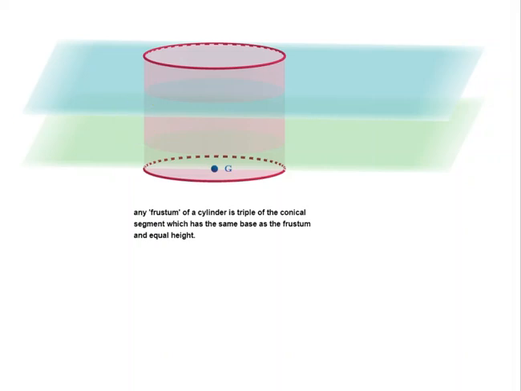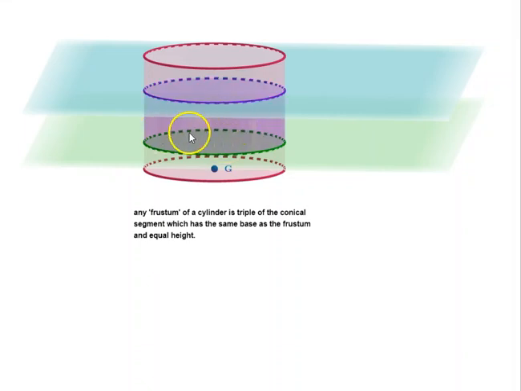Now they will form a circle of intersection, and in the process it will form a cylinder, and this cylinder is called the frustum of the cylinder. So this frustum of the cylinder is triple of the conical segment, that is, which has the same base as the frustum and the same height as the frustum.